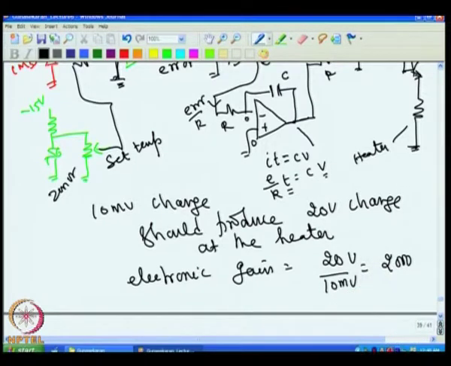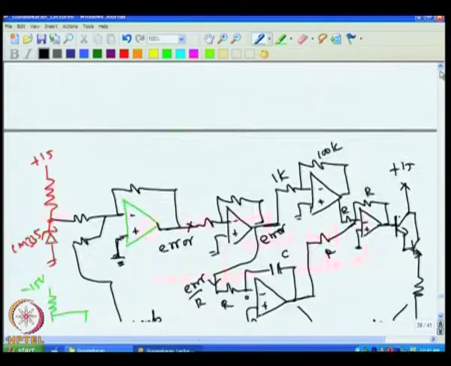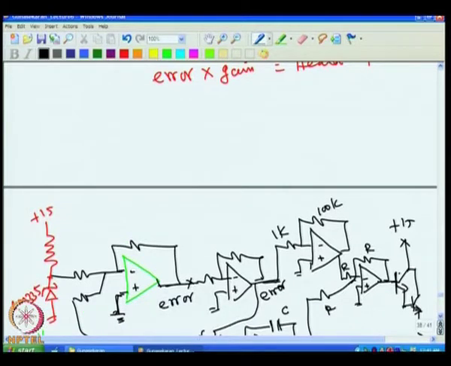Essentially speaking, temperature gain of 100 is equal to electronic gain of 2000. So, I have to do the gain setting, that is the resistance change. The resistance I have to set here is not 1 and 100 K; I have to make it 2000 gain, so I should put 1K and 2000 K, that is a 2 meg.